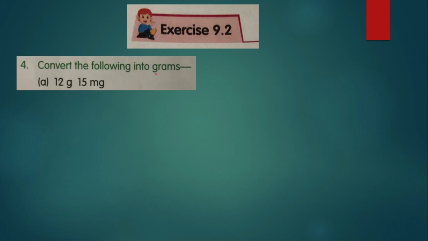Convert the following into grams. Okay, so again it is already in gram. We need to convert this into grams. So what will we do? First of all, we write down the relationship between milligrams and grams. So we know 1 gram is equal to 1000 milligram.